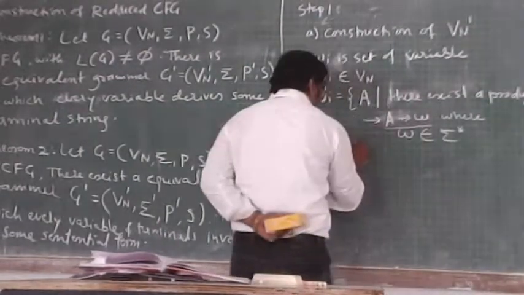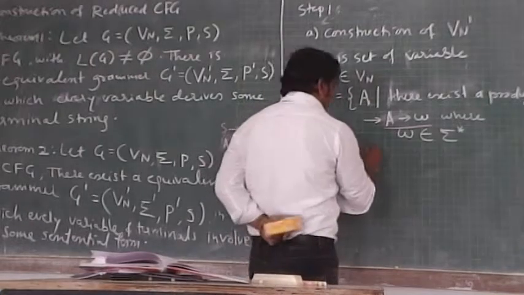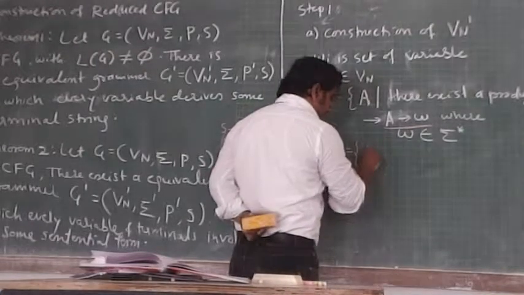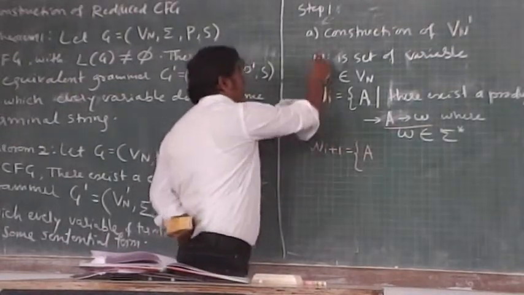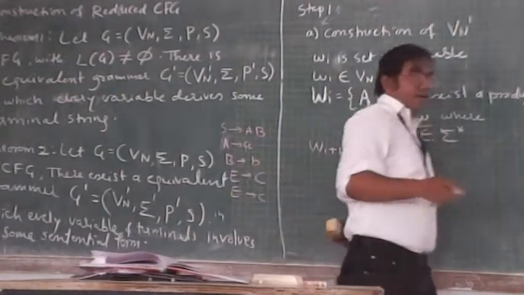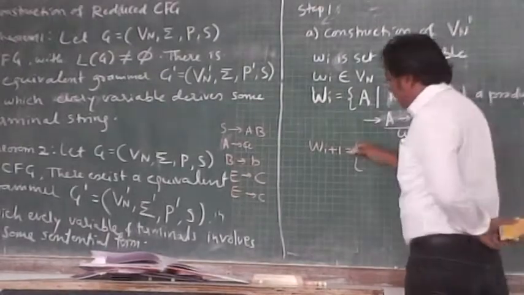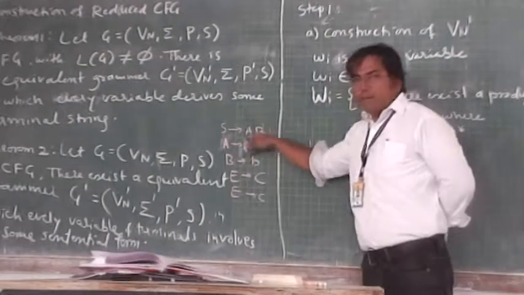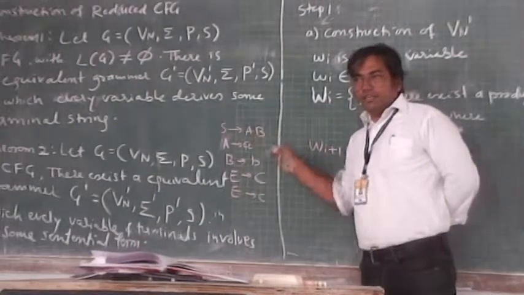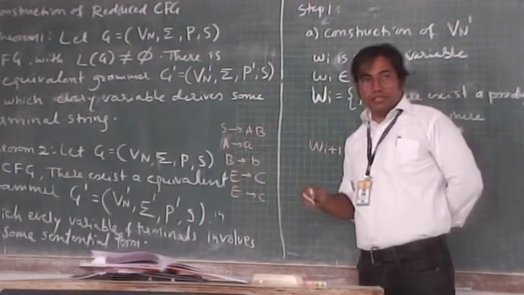And Wi plus 1 is again a set of variables. So this W I consider as a set of variables, and in these two steps we are collecting such variables which really take part in the derivation of the grammar sentences.